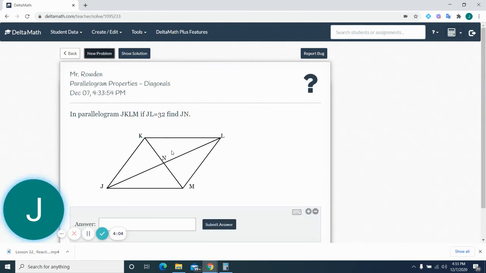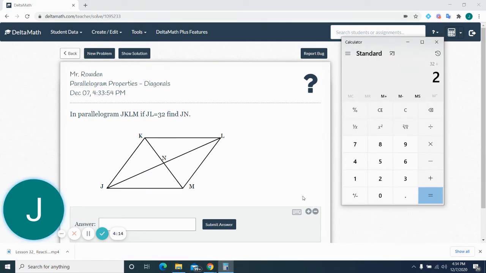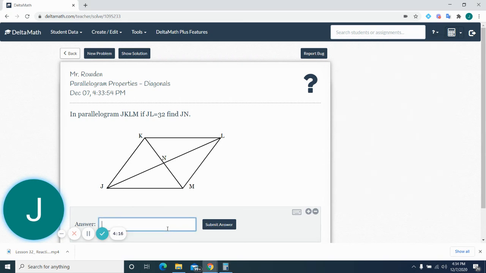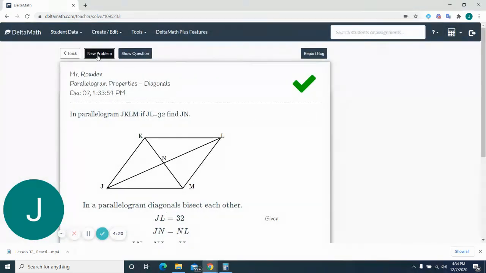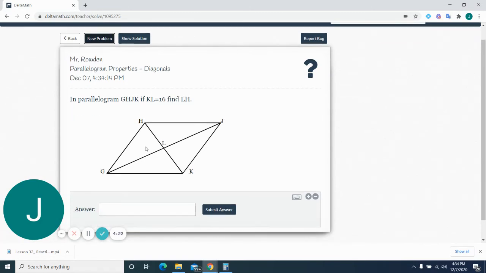If JL is 32, J all the way across to L is 32, find JN. So again, we need to take half of 32, so 32 divided by 2, and we get 16. If KL is 16, find LH.